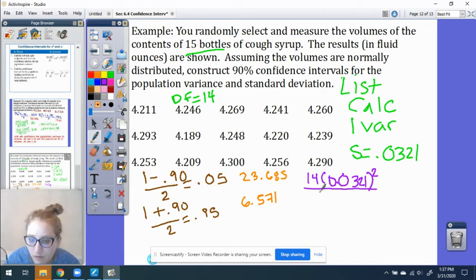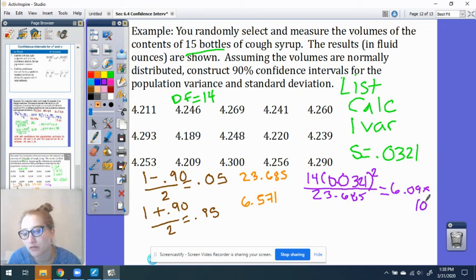One time we're going to do the 23.685. So that one is going to give me 6.09 times 10 to the 4th. Negative 4th, I should say. And then I'm going to do the exact same thing, except I'm going to divide by the other number.